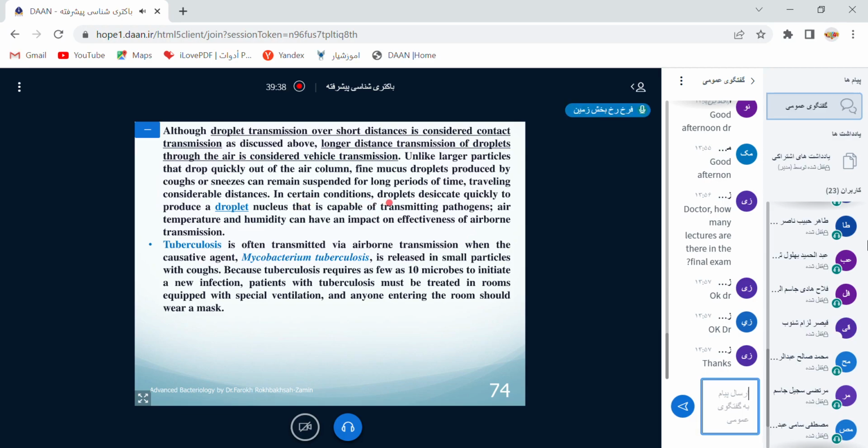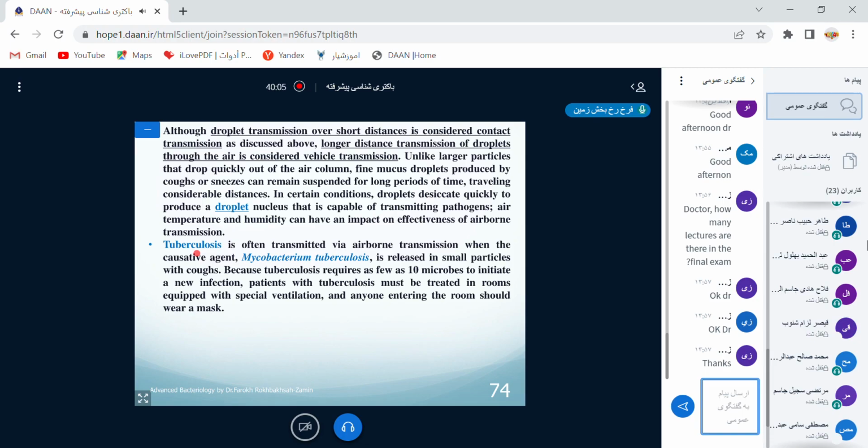In certain conditions, droplets desiccate quickly to produce a droplet nucleus that is capable of transmitting pathogens. Air temperature and humidity can have an impact on the effectiveness of airborne transmission.